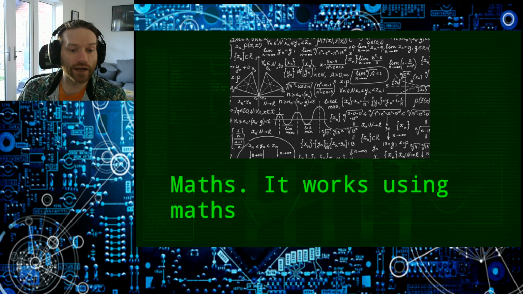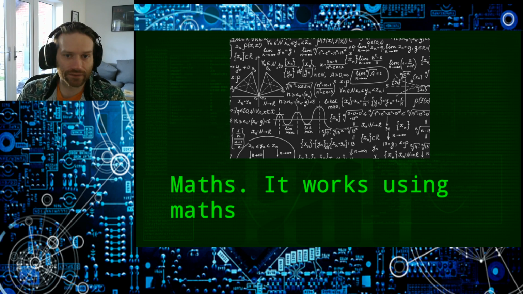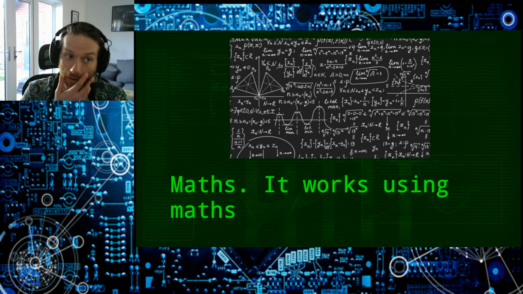Now don't get me wrong, I love maths as well. Maths is pretty awesome. The maths that makes asymmetric encryption work is incredibly complex, and it involves lots of prime numbers, very big prime numbers. So that's something that we will get onto.